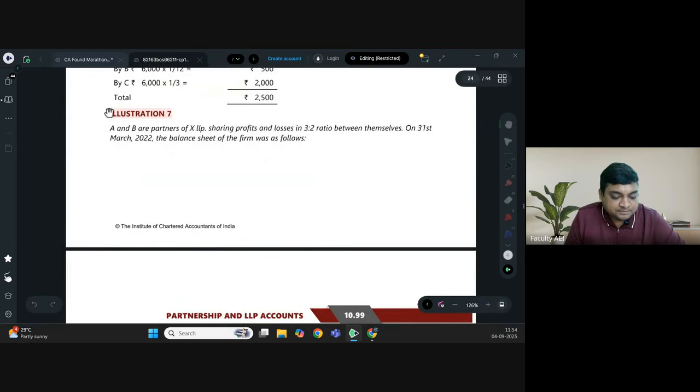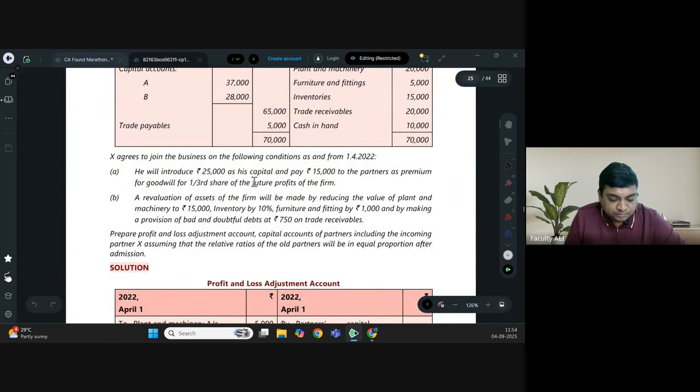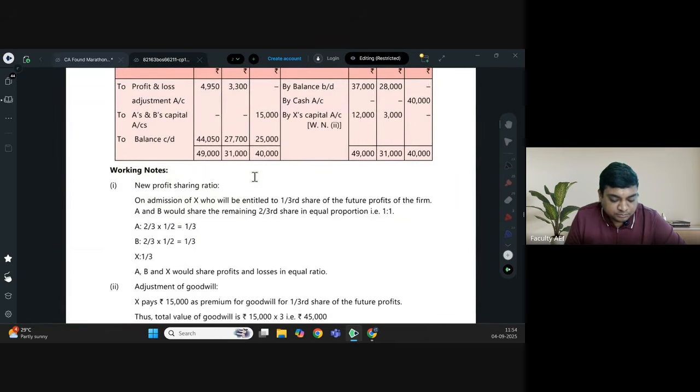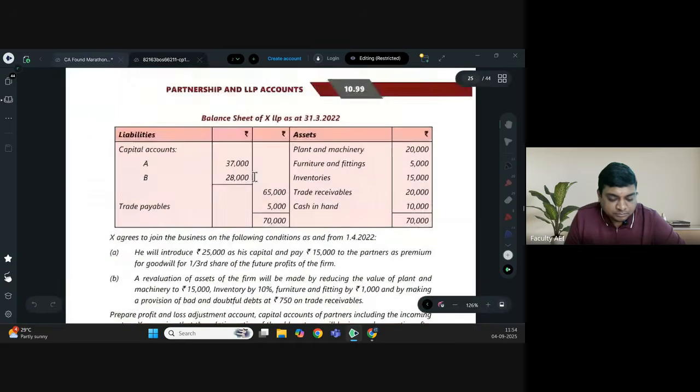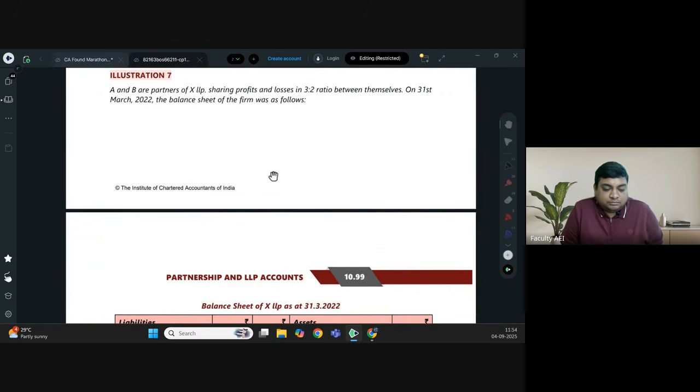Illustration 7. Profit sharing ratio was 3:2.